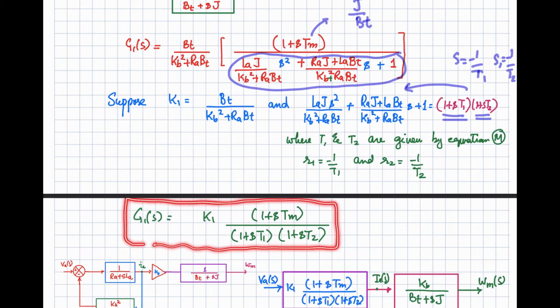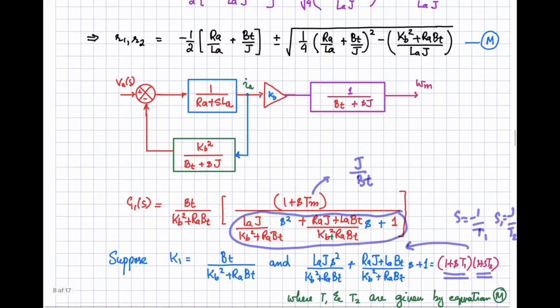where Tm is the time constant of the mechanical part, and T1 and T2 are the two time constants which depend upon the electrical circuit parameters, the resistance and the inductance, and the mechanical parameters, the inertia and the frictional constants. Right?